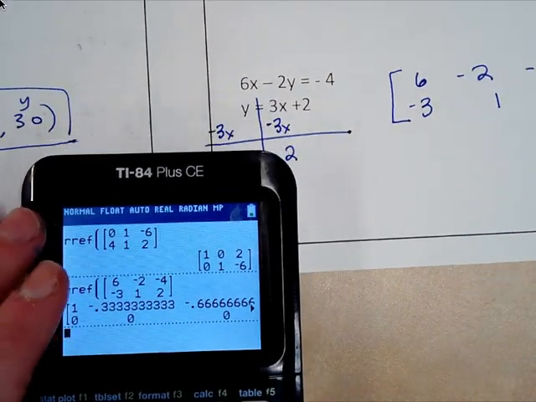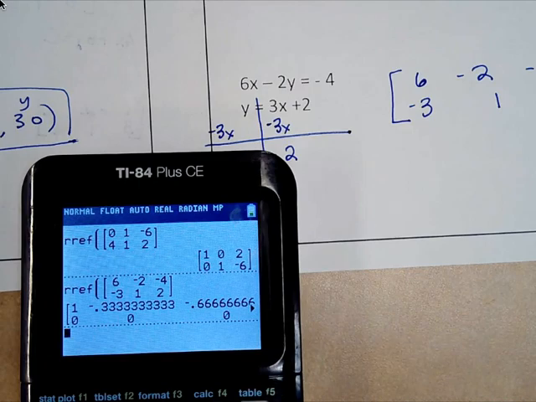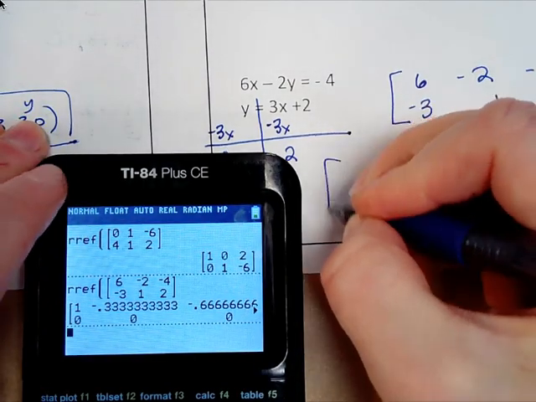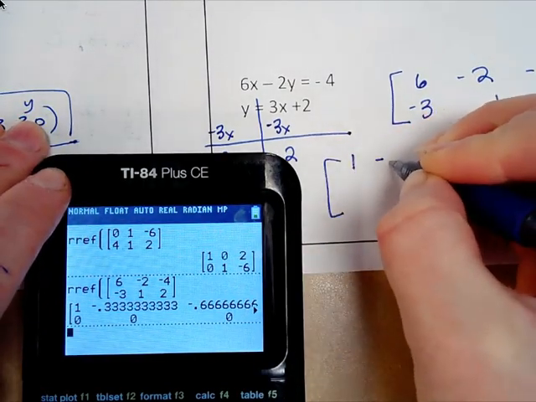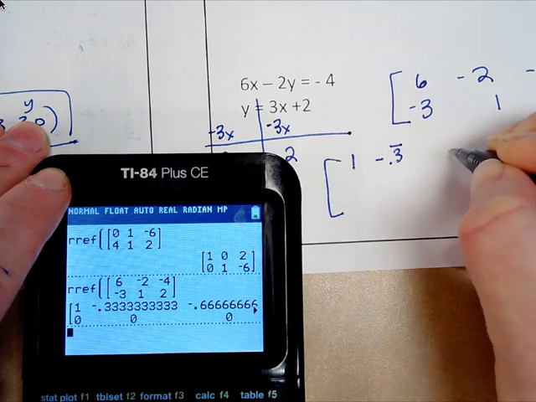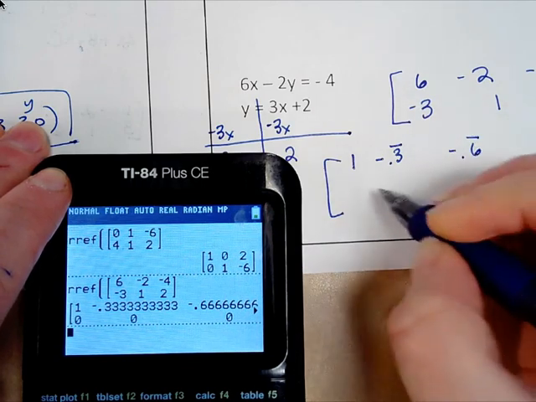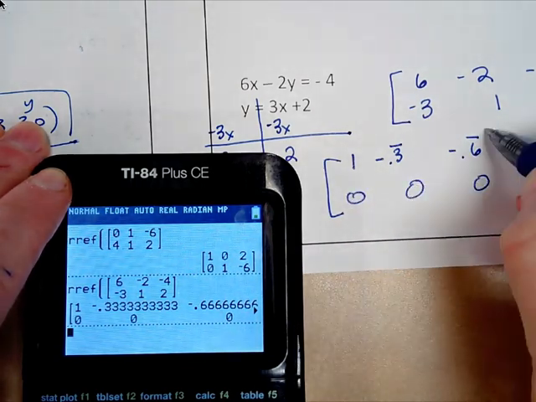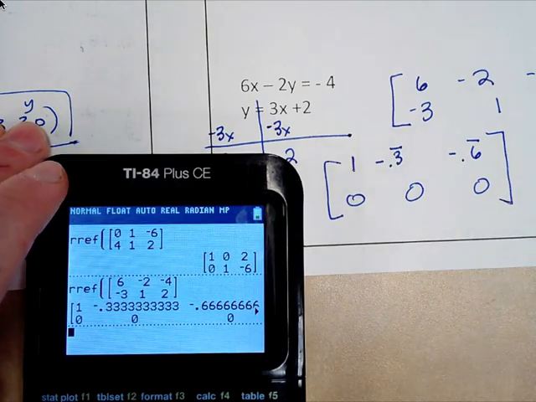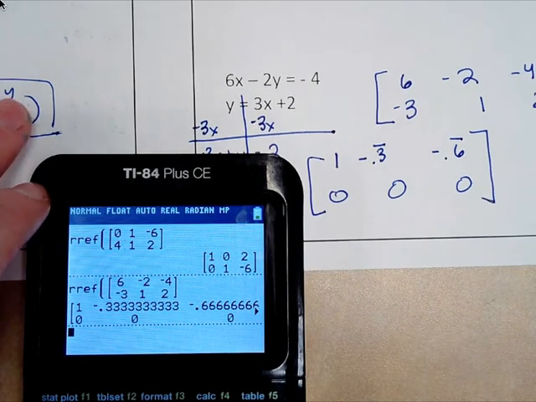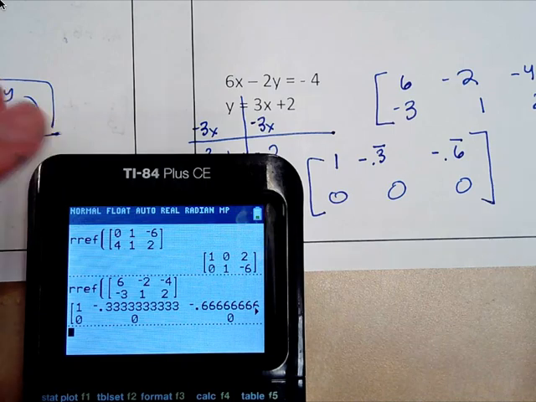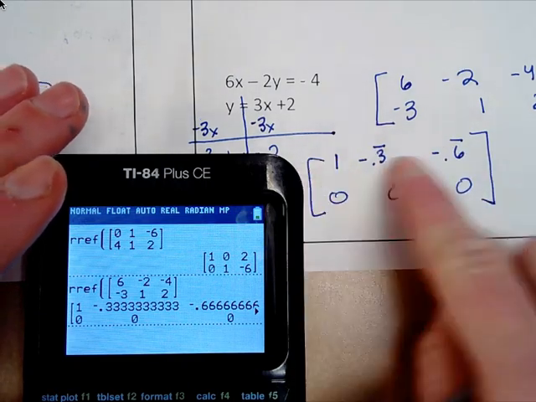Mine came out to 1, -0.3 repeating, -0.6 repeating, 0, 0, 0. It didn't give us an error. It gave us just this.